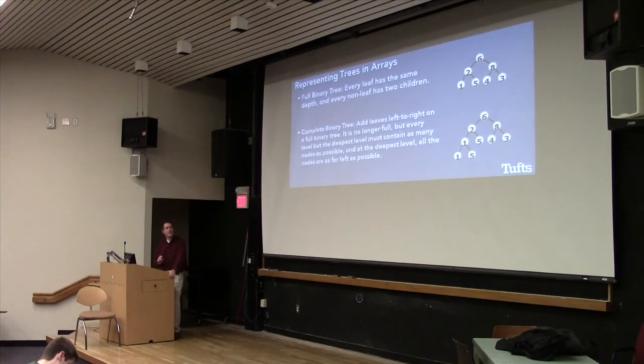You have to keep filling in left to right, basically. Each level is as deep as it can go, except that the last level may have some empty spots because we haven't quite gotten to fill them yet. Make sense? We fill it in this order, down here like that. This is not a binary search tree, it's just a binary tree. That's what a complete binary tree is.